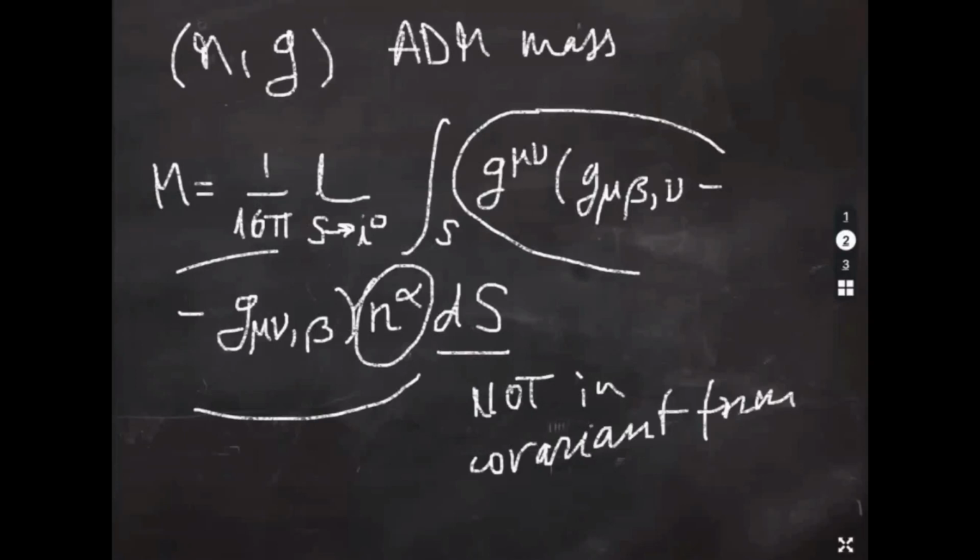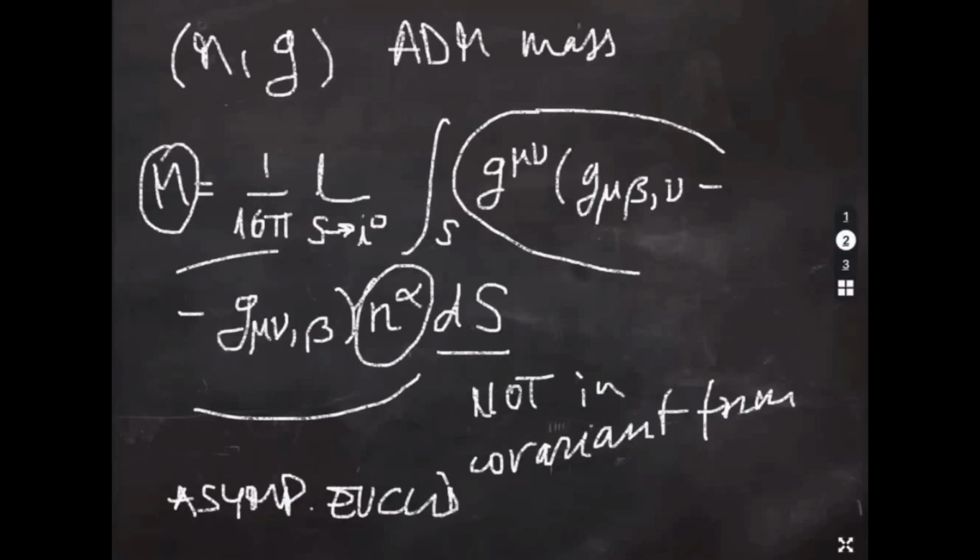And this means that our definition of the mass m only makes sense for a certain class of coordinate systems, which we call asymptotic Euclidean coordinates.